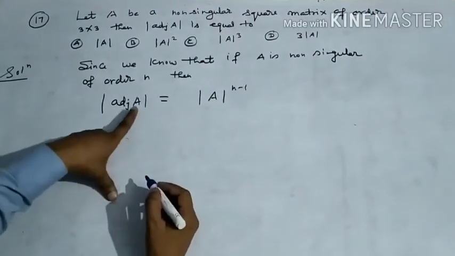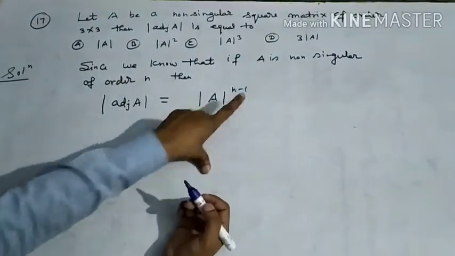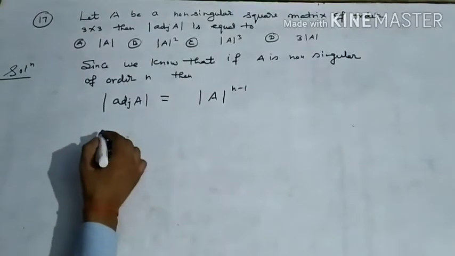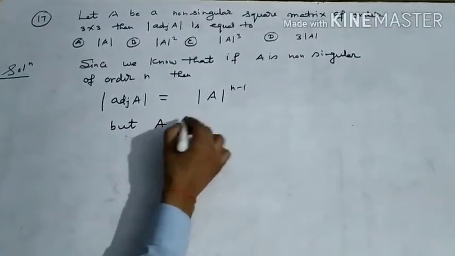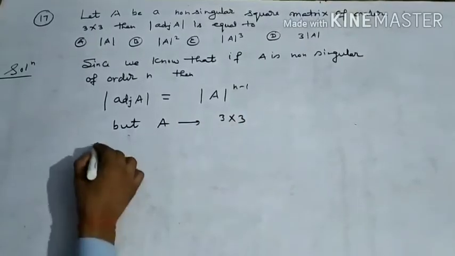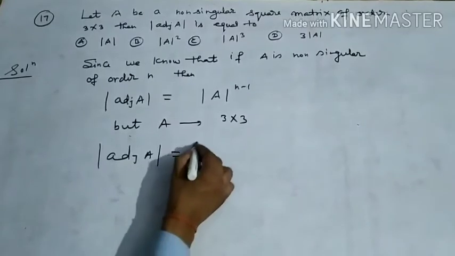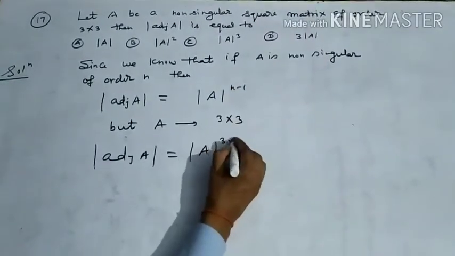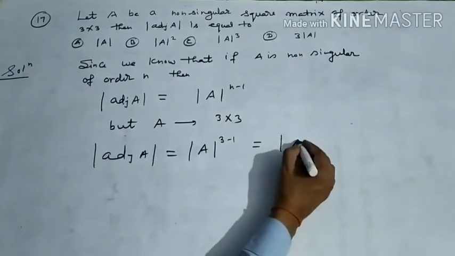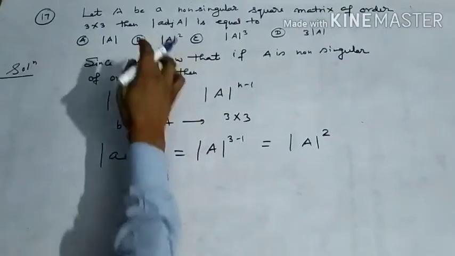But here the matrix is of order 3, so in place of n we write 3. So determinant of adjoint A is equal to determinant A, and in place of n, 3 minus 1, so the determinant power 2. So option B is correct.